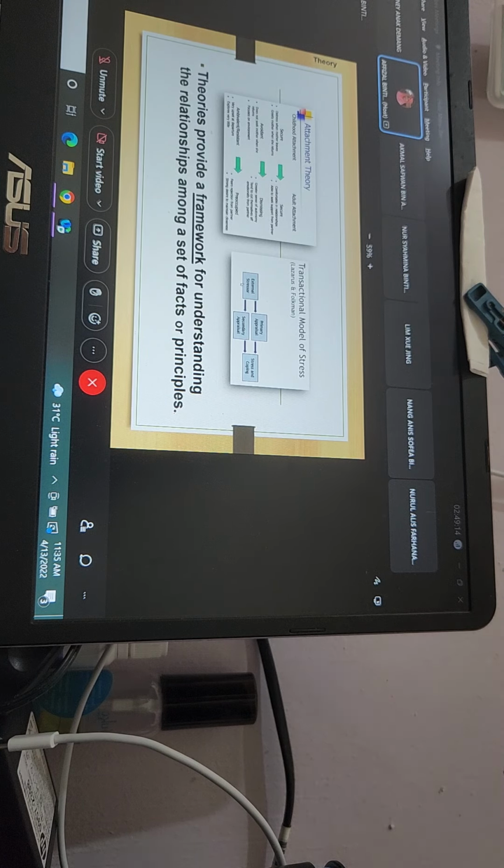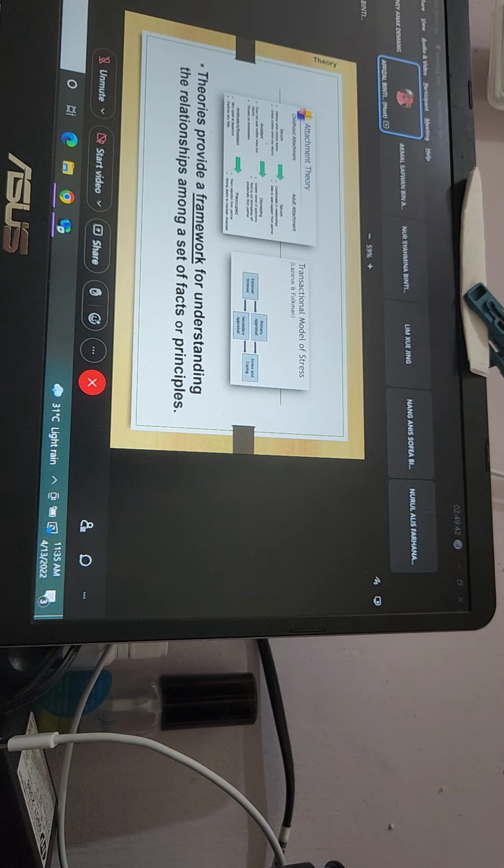And then to overcome this, maybe we need to understand the primary appraisal and secondary appraisal. By understanding these appraisals, which of them is more related to stress and coping, the primary appraisal or the secondary appraisal? So we are working based on this framework.